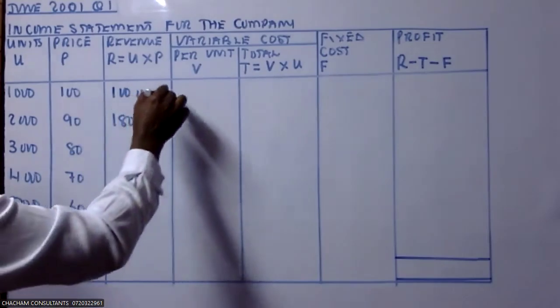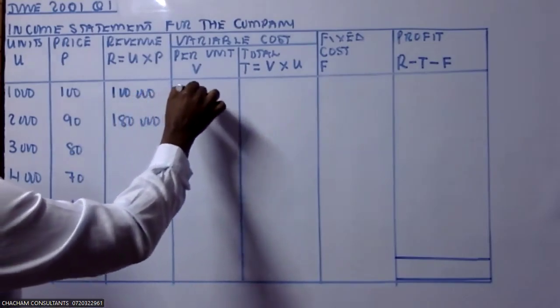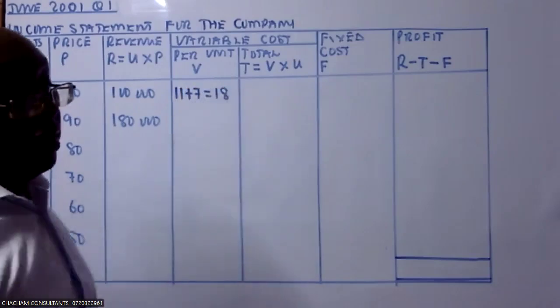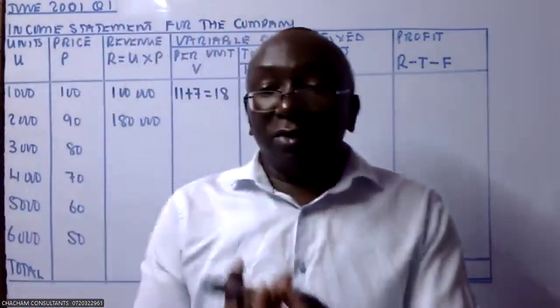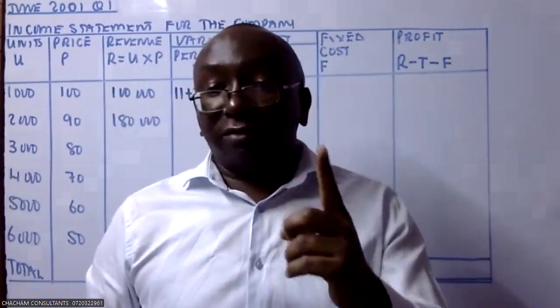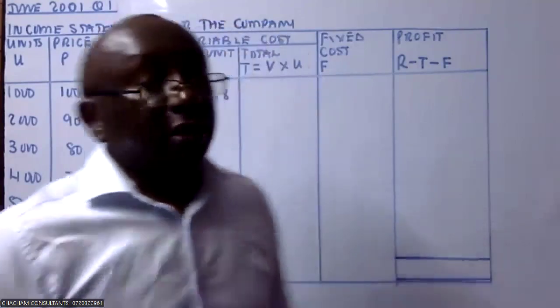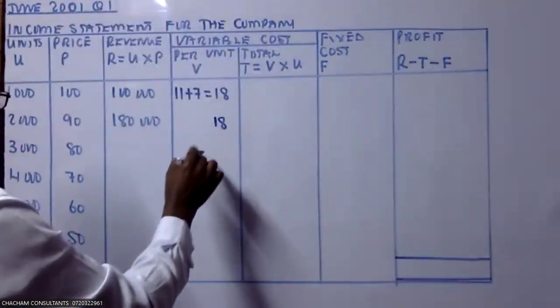So the variable cost now, it will now be 11 plus 7. That will be 18. So when you're dealing with the company, you bring the costs of the two departments. You remember what you are doing, you are adding. But you don't add the transfer. Transfer haikuwa inaenda kwa the company.